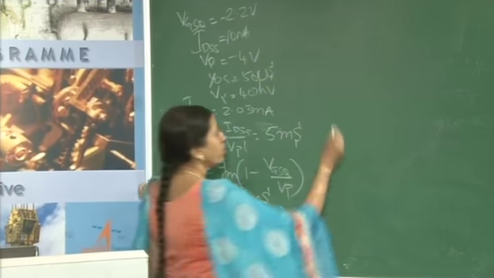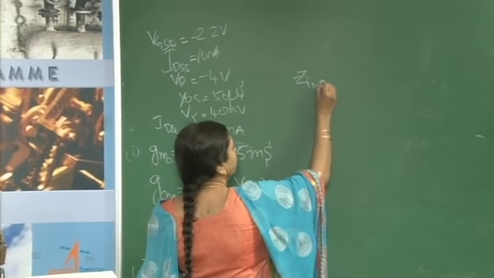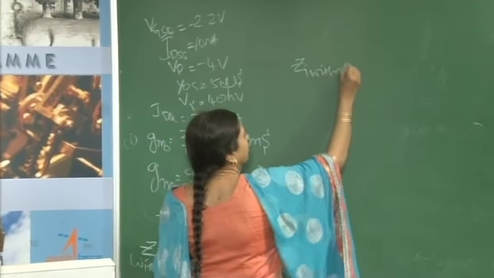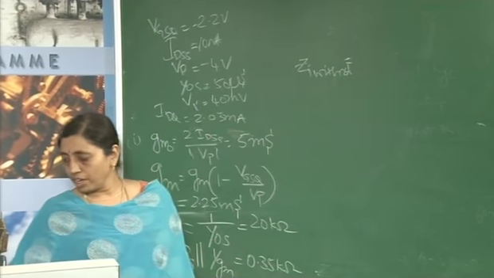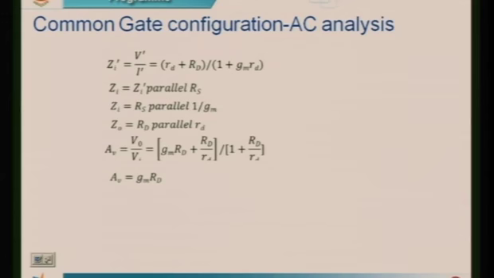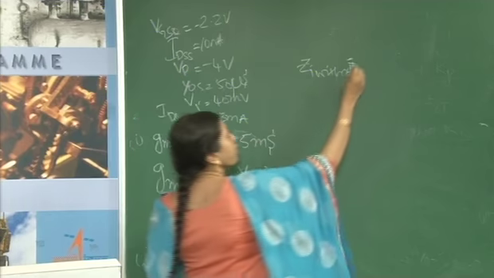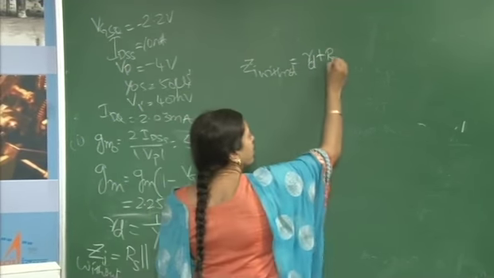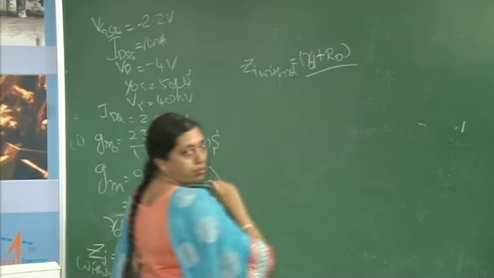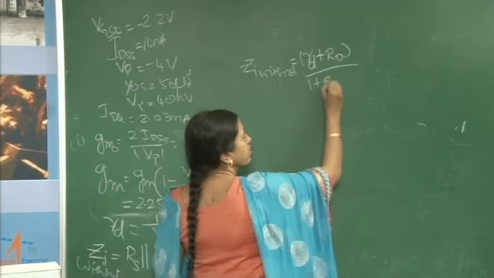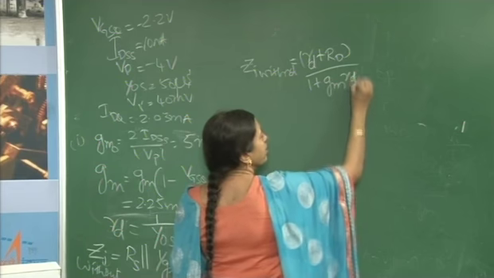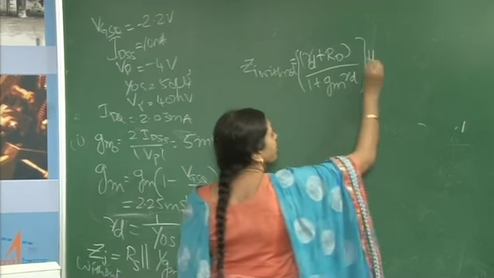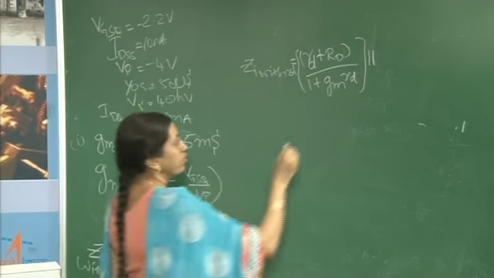So, coming to with rd. We have evaluated the expression to be Zi dash parallel with Rs. So, Zi dash is nothing but rd plus RD divided by 1 plus gm rd, this entire thing in parallel with Rs.